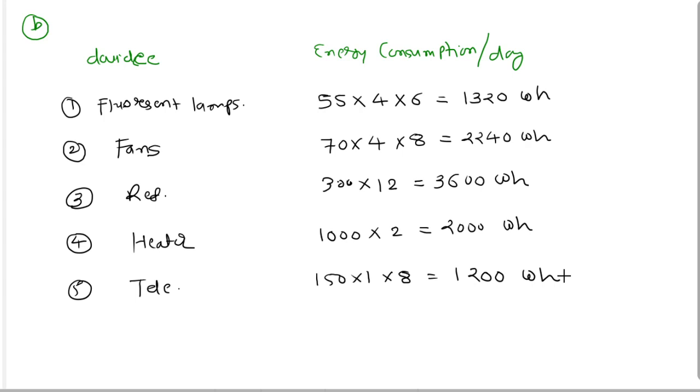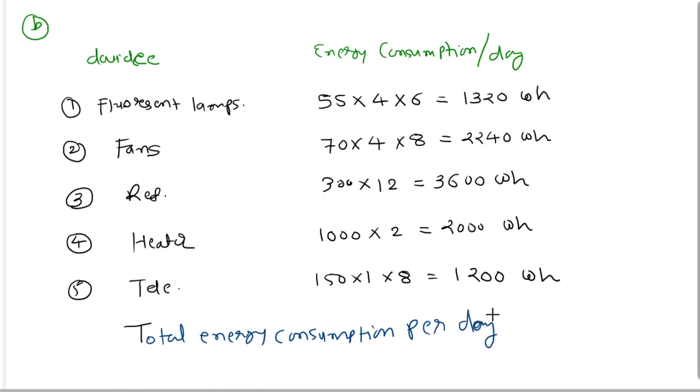So for all devices, the total energy consumption per day, after summing all these, you get 10,360 watt hour. And if I convert this watt hour into kilowatt hour, that is 10.36 kilowatt hour. That is the energy consumption per day.